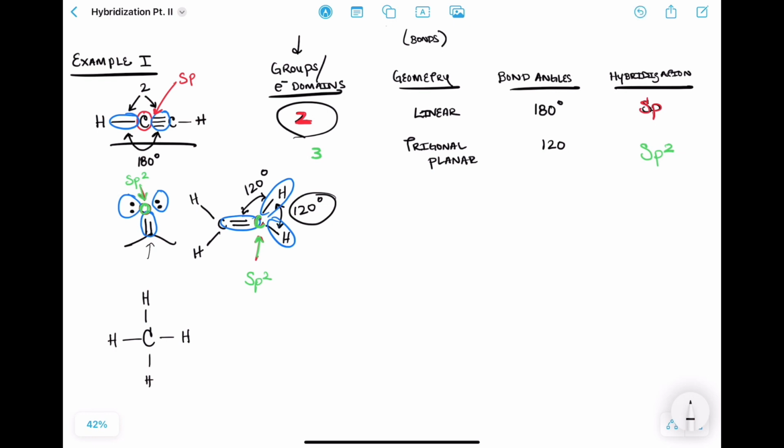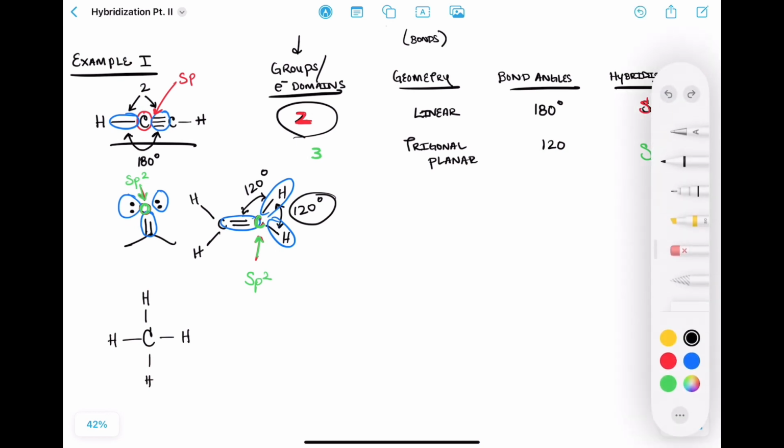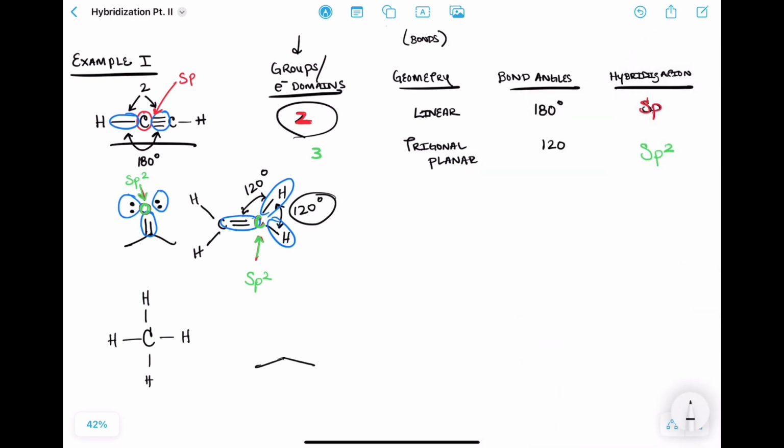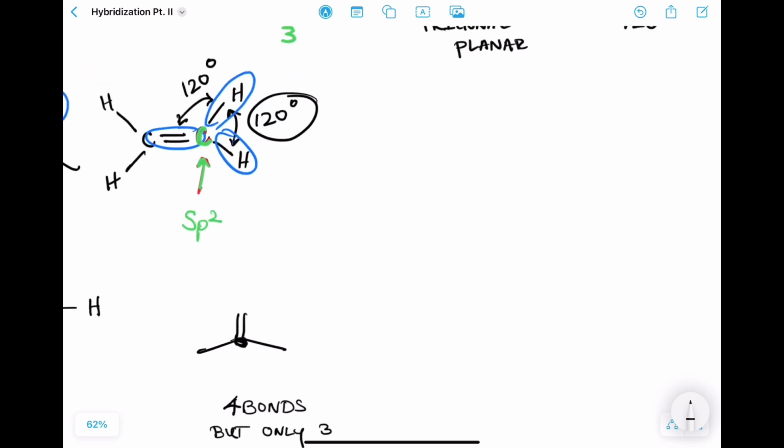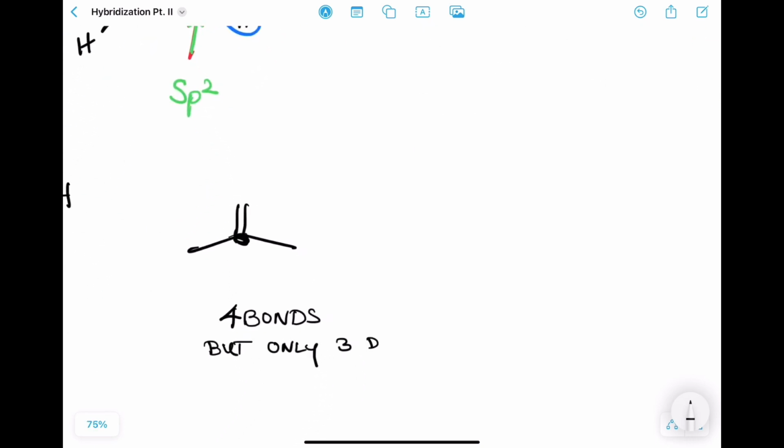And so it's not about the number of bonds around it, it's about the number of domains. You can have four bonds and have three domains. Let me clarify that a little bit more. So if I have this carbon has four bonds to it, but only three, let me zoom in here a little bit, three domains.